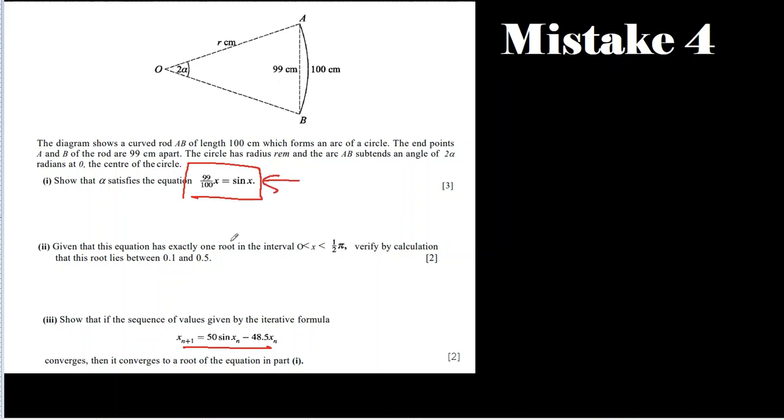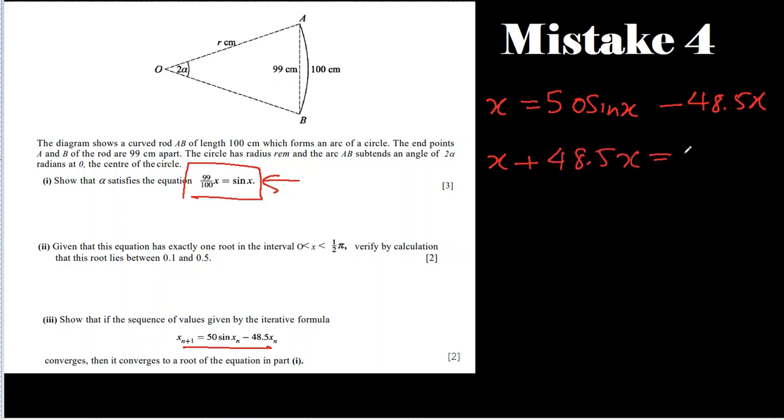That means if we want to convert this into the first equation, xn plus 1 becomes x, xn also becomes x, and this xn also becomes x. All of them become x and it becomes easy. So x plus 48.5 x equal to 50 sine x, right?